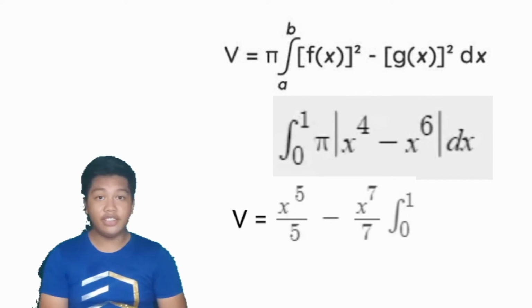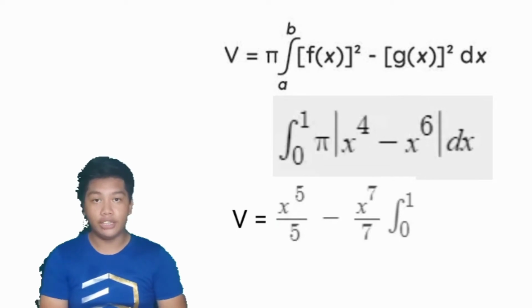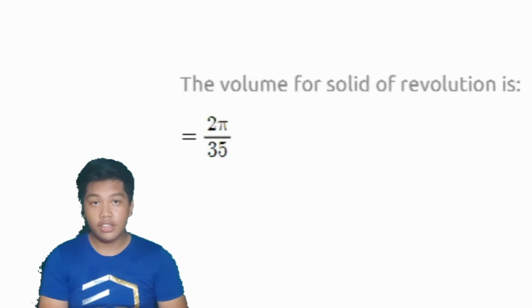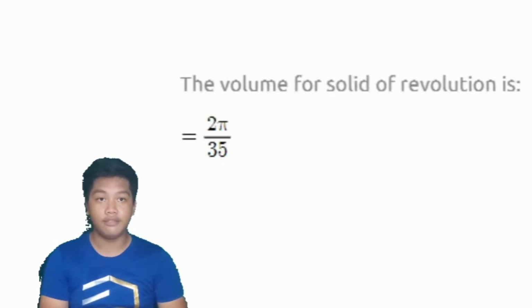Since this is a definite integral, let's continue by replacing the x variables with the limits from 0 to 1. So the final answer for the volume between the functions x squared and x cubed is this. The volume is equal to 2 pi over 35.